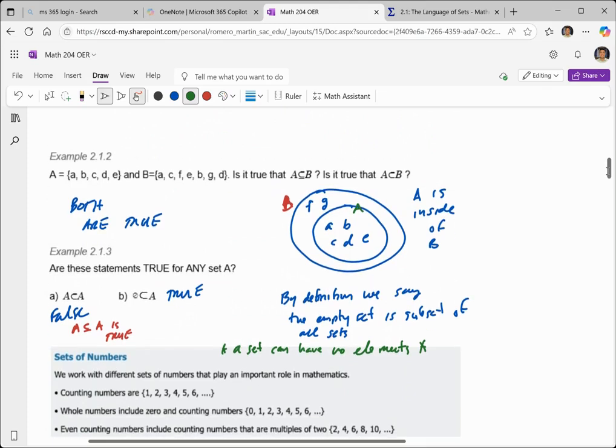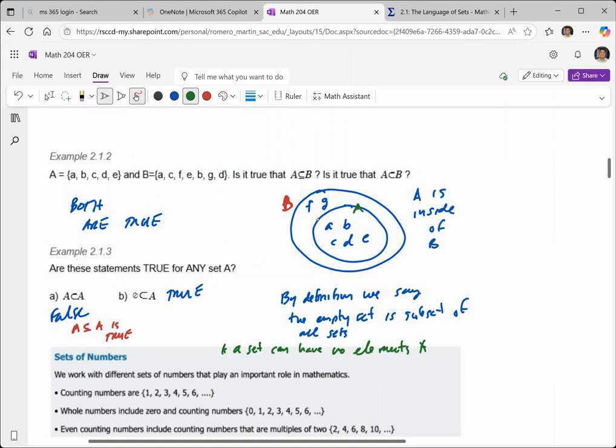In 2.2, we have 2 different sets, and we ask the question: is A a subset of B? Is it true that A is a proper subset of B? In this case, A, B, C, D, E, and then you have this bigger one here. So A is a subset of B, and it's also a proper subset, meaning that B has elements that A does not.